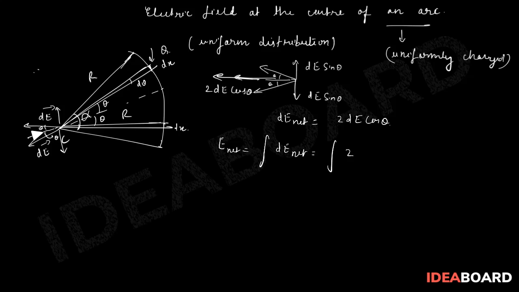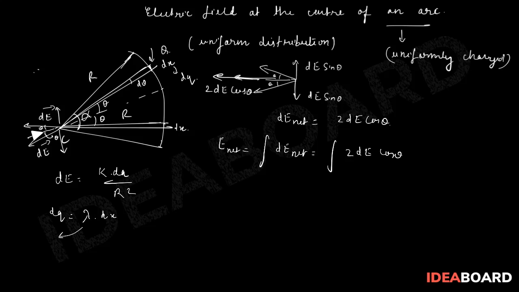If you substitute the value, you get dE cos theta, and obviously you can write the value of dE here, which will have k dq upon r square. So I'm assuming this dx element is having dq charge. So now our task is to calculate the value of dq. dq will be lambda dx.